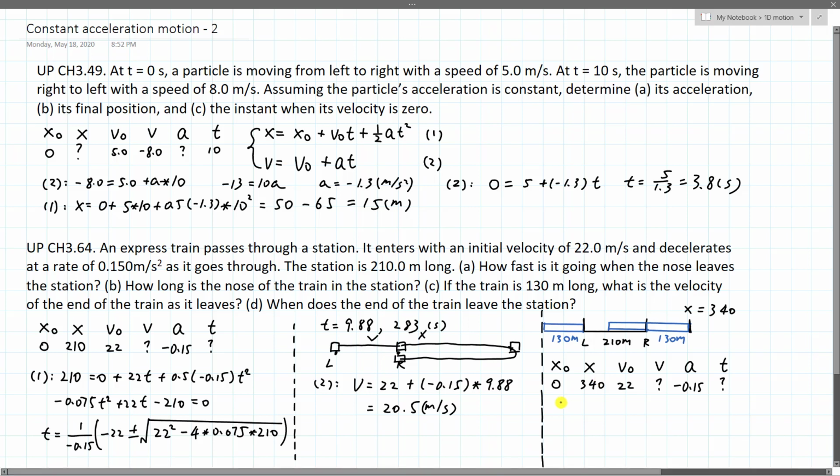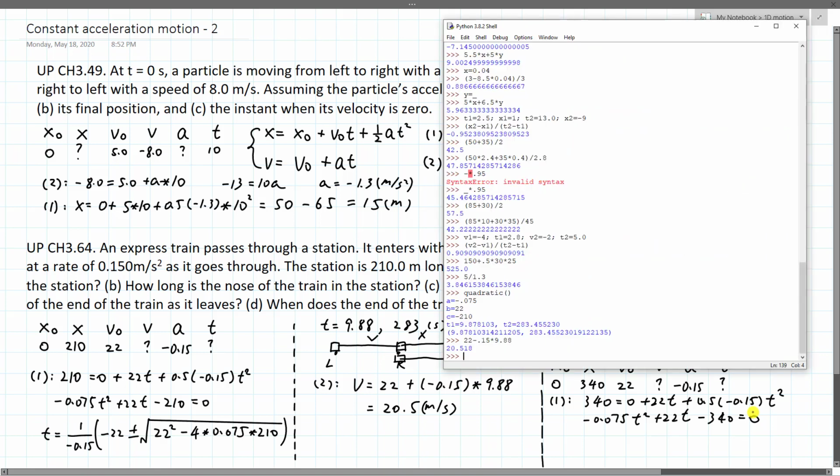So we're just redoing this on the left side, mirroring what we're doing. So 340 equals 0 plus 22t plus 0.5 times minus 0.15 t squared. So the quadratic we have is still minus 0.075 t squared plus 22t minus, instead of 2, 340. And we can use the same Python to solve.